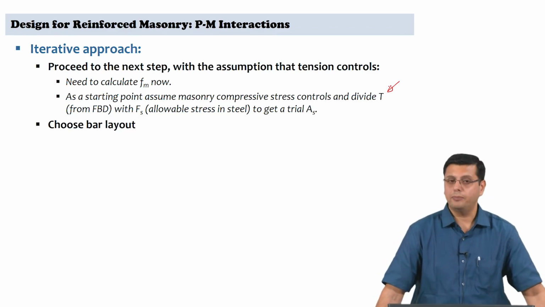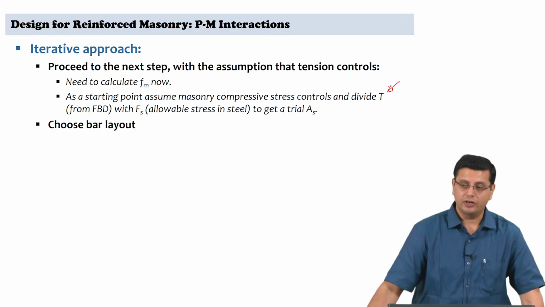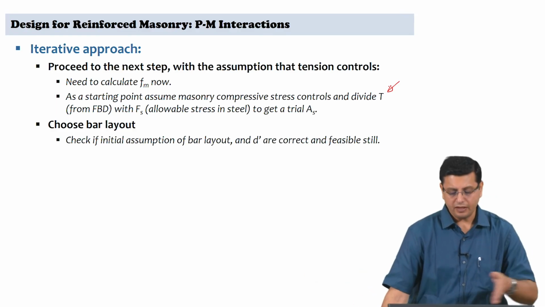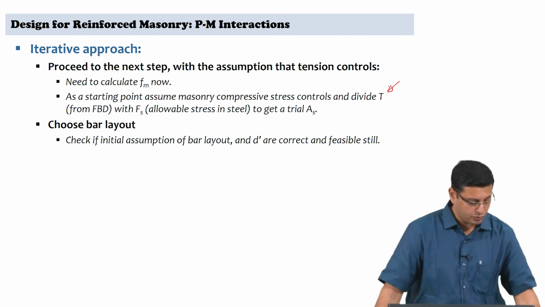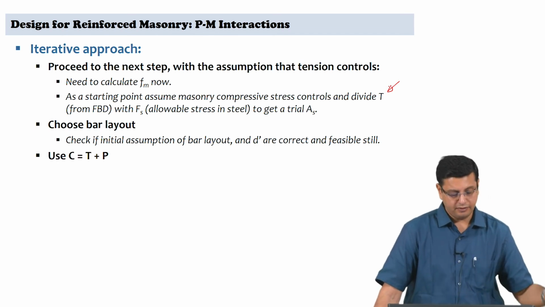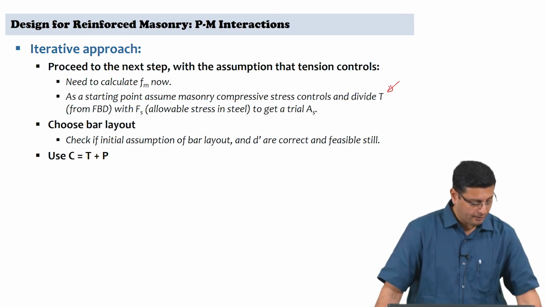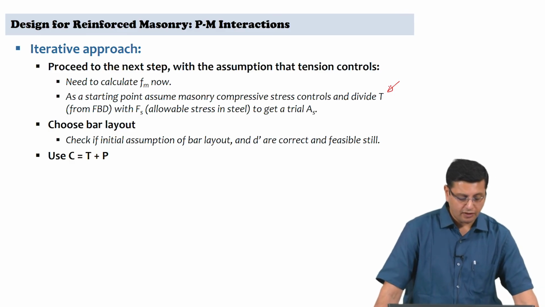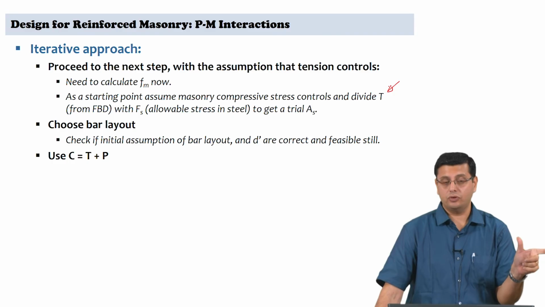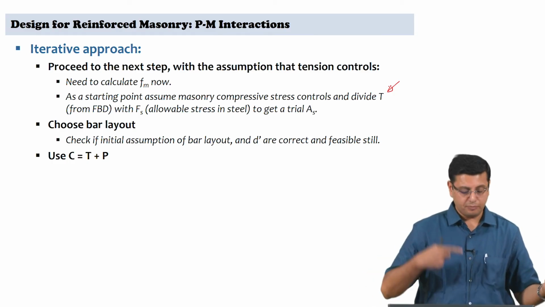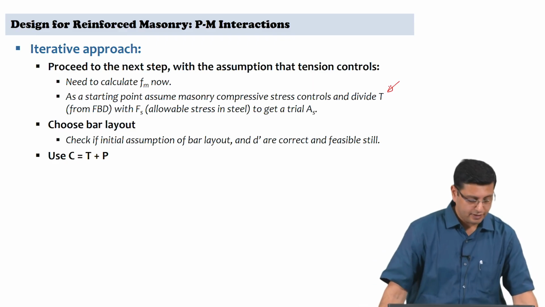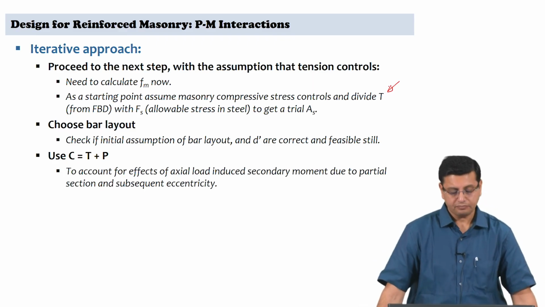You might want to change the bar layout or bar dimensions, your D dash will change, so check if it is still feasible to use the D dash that you were using earlier. Then the total compression force is the tension resultant plus the axial force that is acting on the wall.